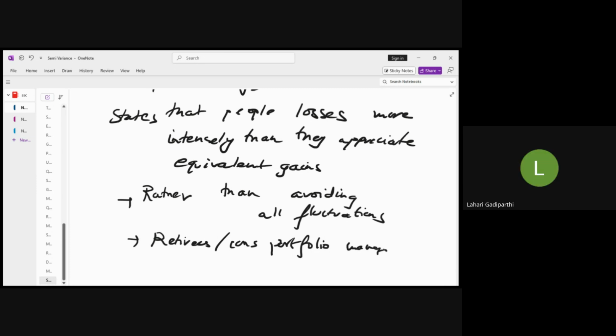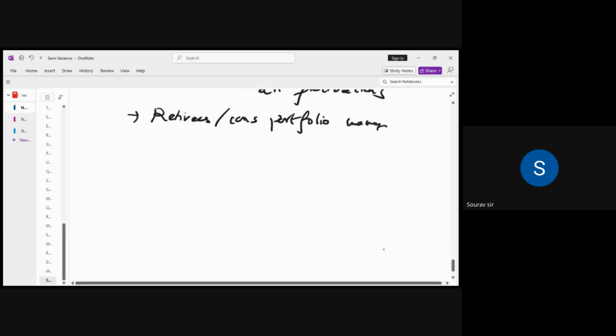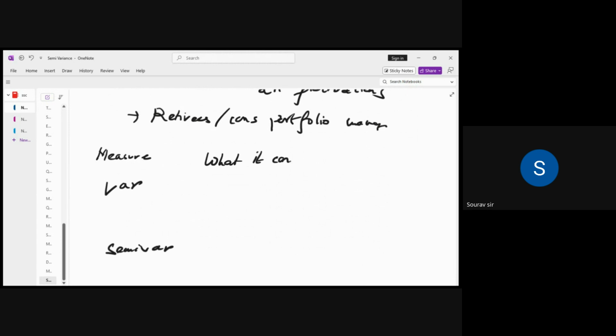So from this, you understood the variance and semi-variance, what each considers, and investor relevance.